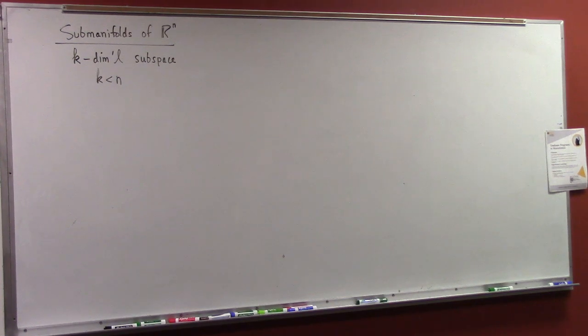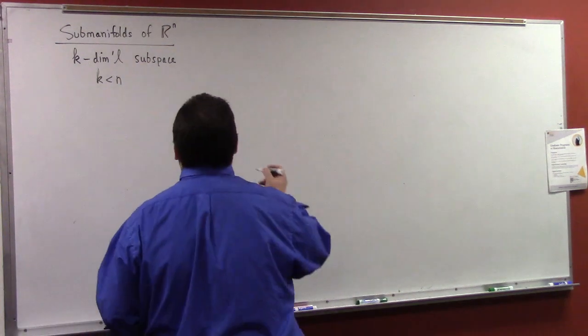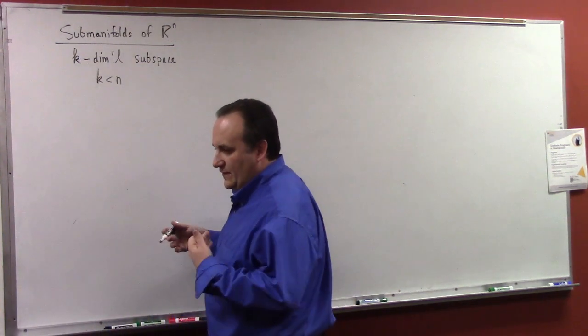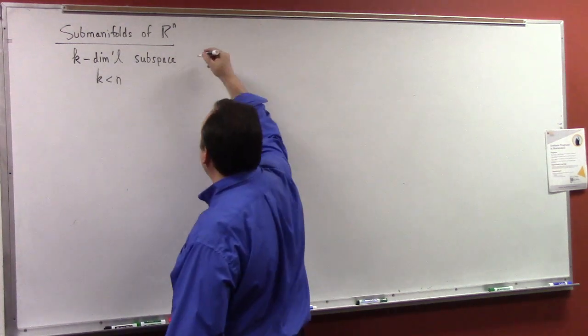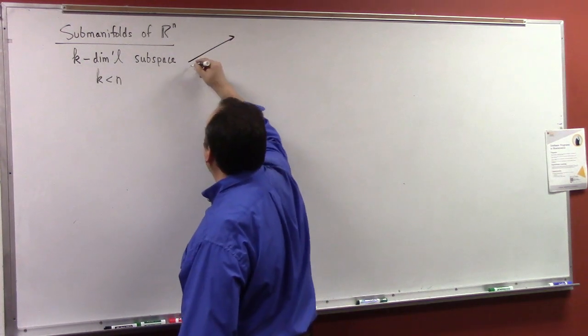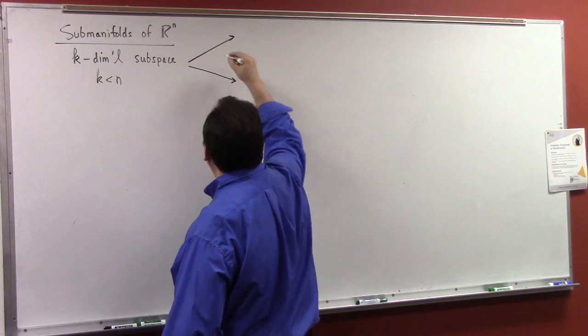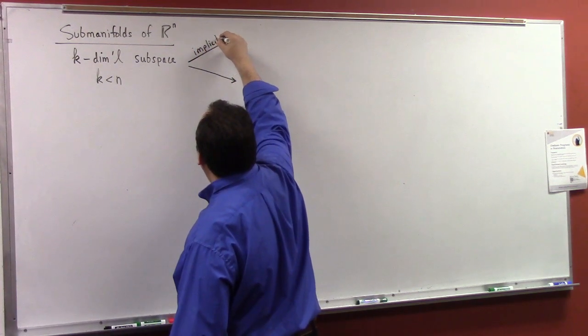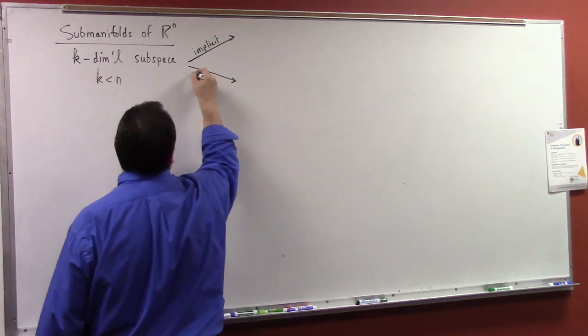There are two competing viewpoints, and then there's a third viewpoint that's kind of in between. But these are the two really different viewpoints. The one is implicit. The other is, I would say, explicit.